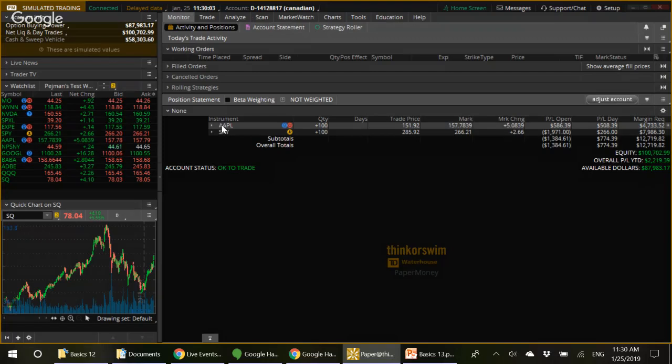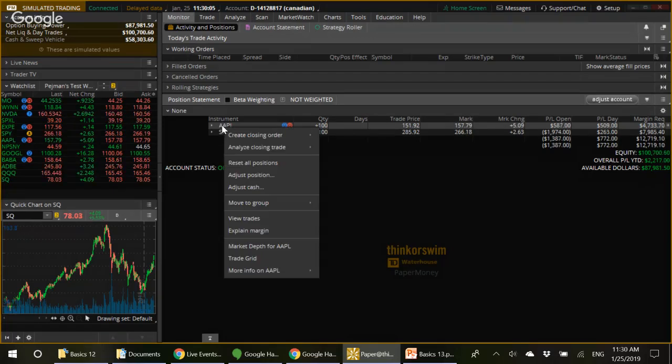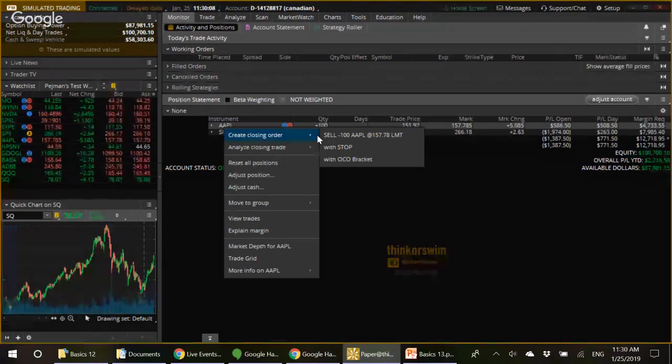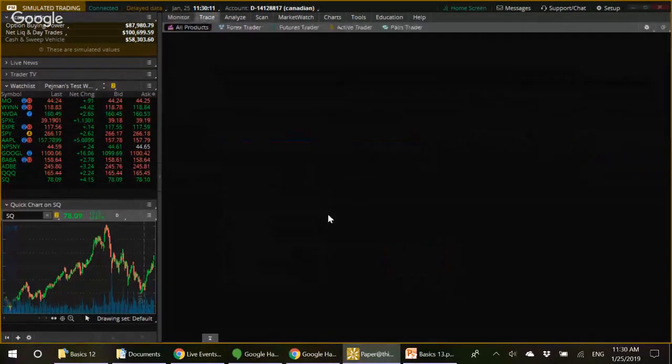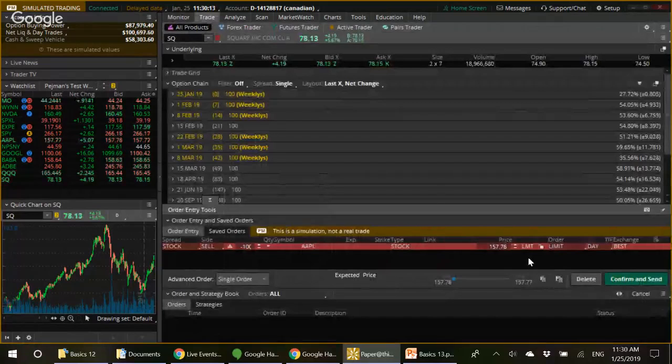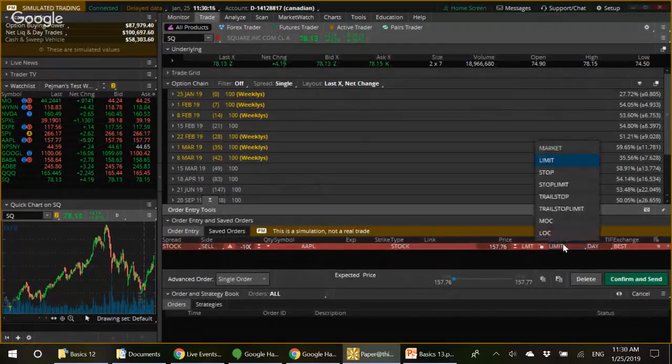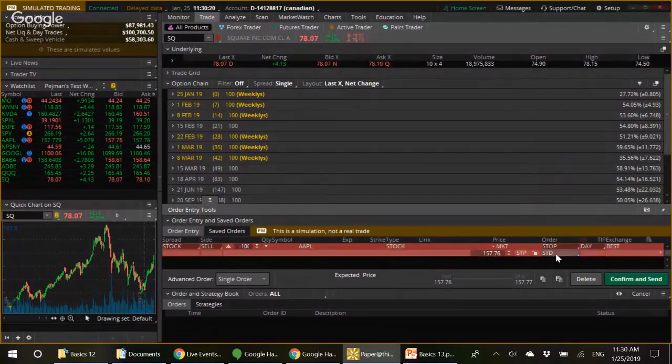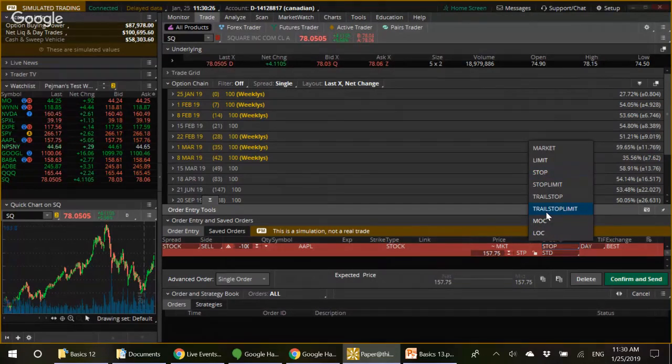So traditionally, folks will go and place a sell order on their position, say sell 100 shares of Apple. Then in their settings they say sell 100 shares of Apple with a stop, and they choose stop limit in this case, because they want control over the price at which their position gets sold.